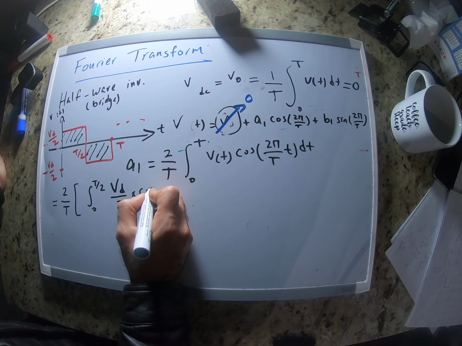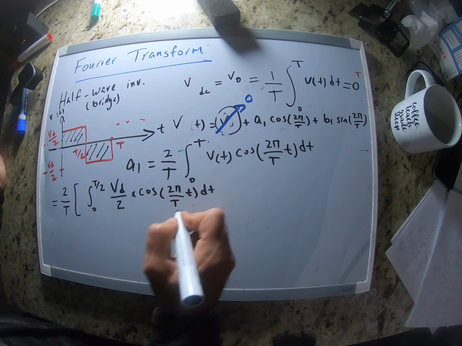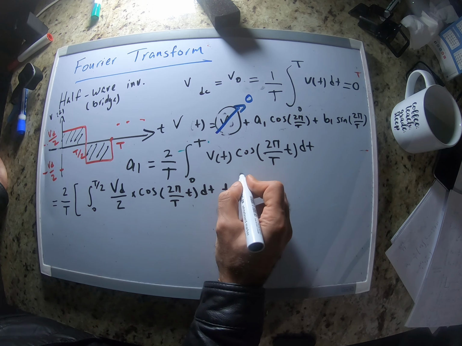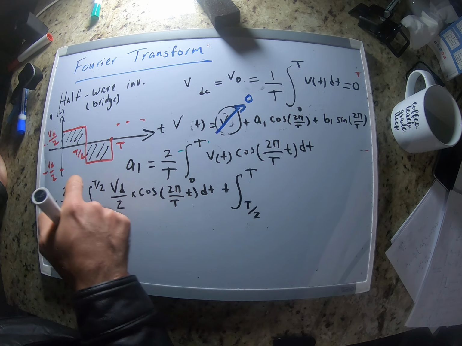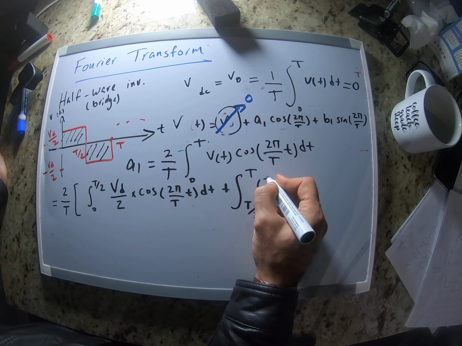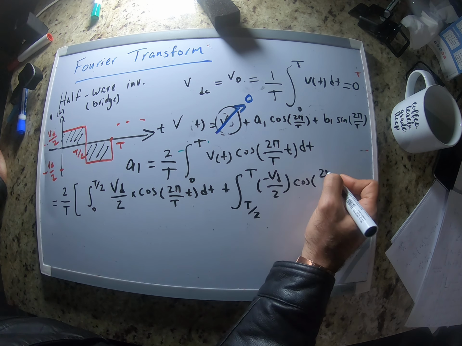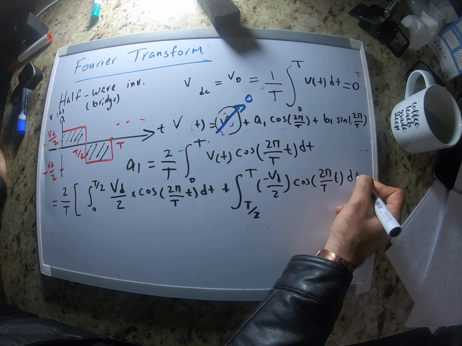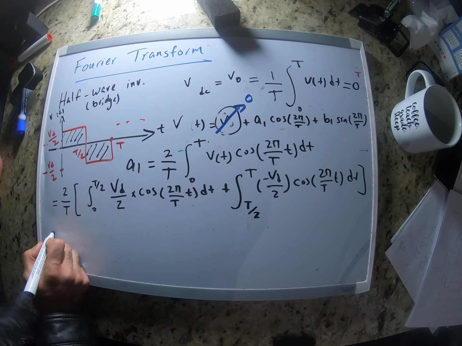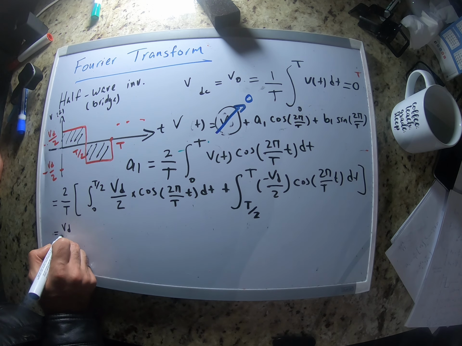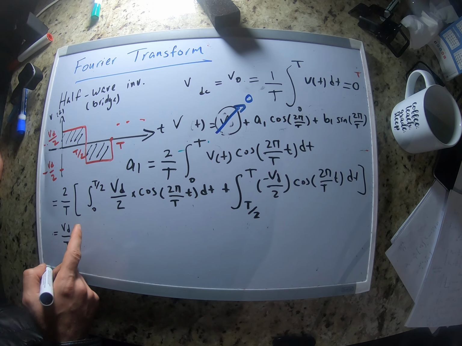Times cosine of 2 pi over T times t dt, plus the integral from T over 2 to T. And from here to here, the signal is equal to negative Vd over 2 times cosine of 2 pi over T times t dt. Okay, so this is constant. We can take it out, so it becomes Vd over T, because these 2's cancel out, right?